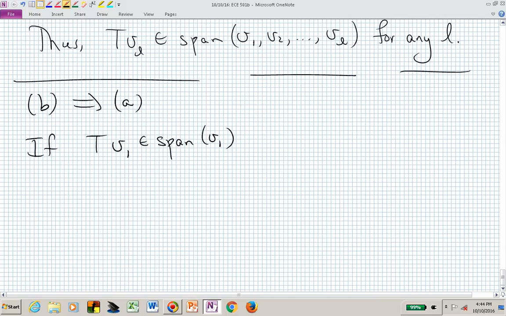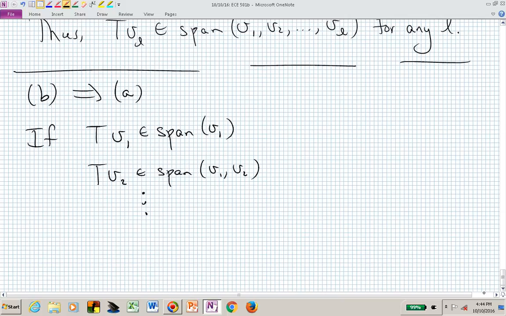That's statement B, for L equal to 1 up to N. And if we had TV sub 2, that now lives in the span of V1 and V sub 2. Statement B says that we can just keep going, and if we go all the way to V sub L, where L can go from 1 to N, this result has to live in the span of V1, V sub 2, up to V sub L.